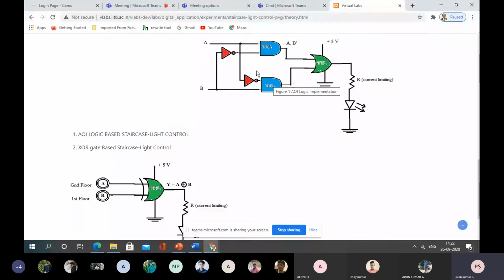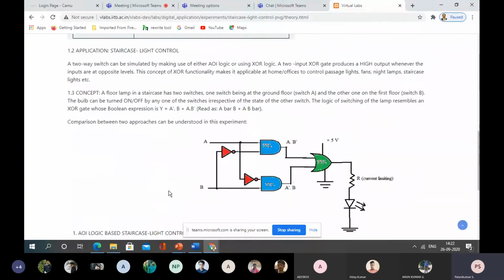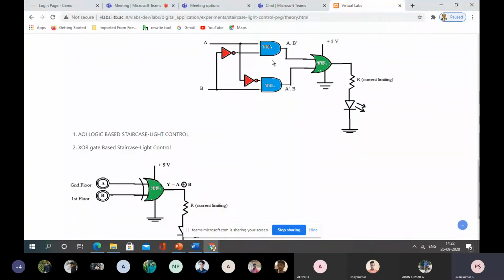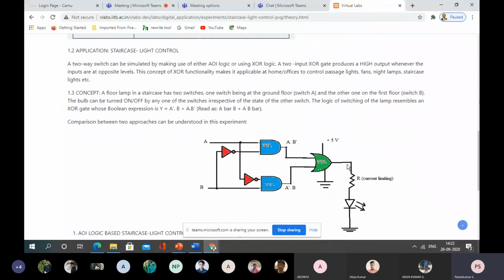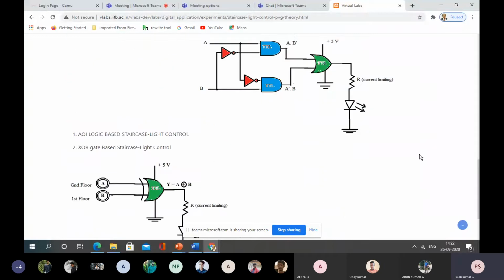So instead of an XOR gate, I can use AND, OR and NOT gates for realizing the same thing. But if you see, this is very complicated: a number of NOT gates, a number of AND gates, and one OR gate are required. So the number of gates required is more. Instead of that, we go for the second one, the XOR gate.